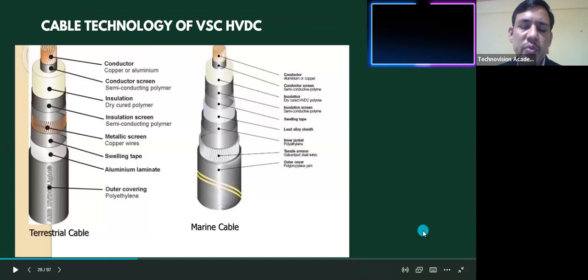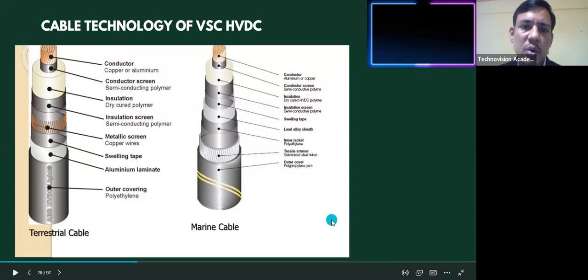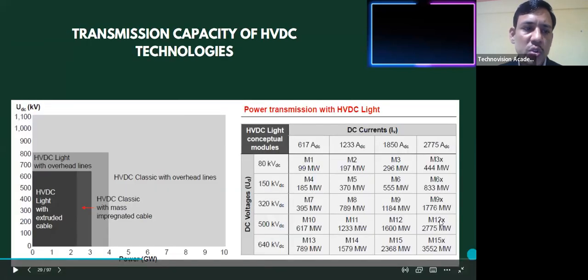And especially we go for VSC with cable transmission. There are two types of cables we use: underground or submarine cables. Such cables are used for the transmission of the VSC. So these are the developments, especially the module developments of the HVDC.